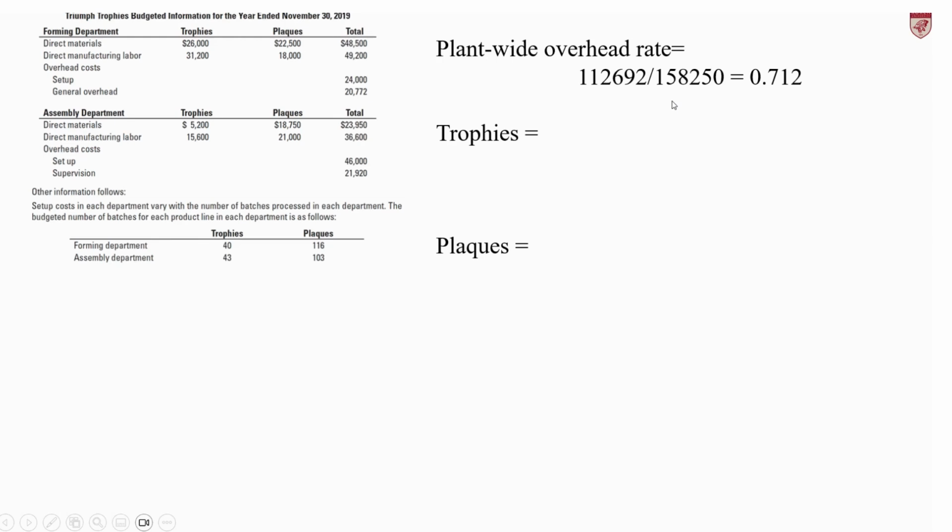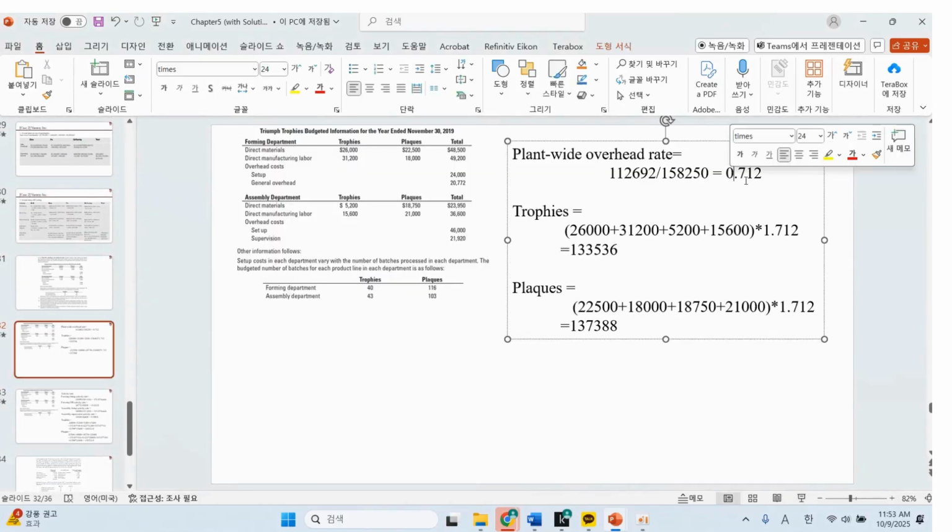And then our job is to allocate this manufacturing overhead to different product lines, trophies and plaques, right? So as for trophies, we're going to apply this overhead rate by multiplying by the sum of 26,000, 31,200, 5,200, and 15,600. I see some typo here.